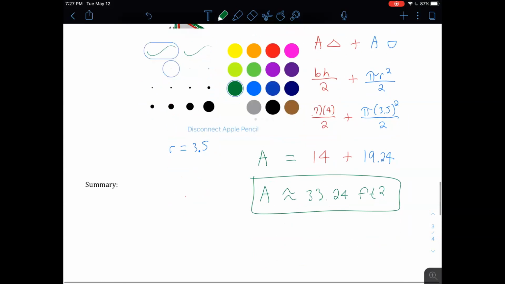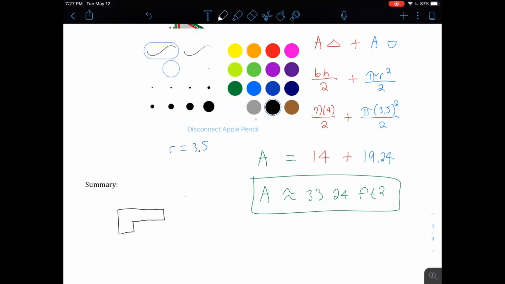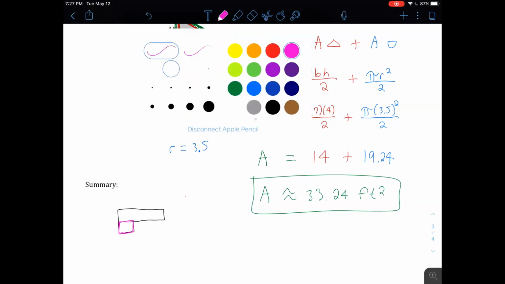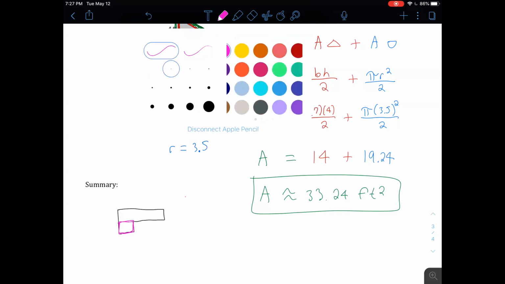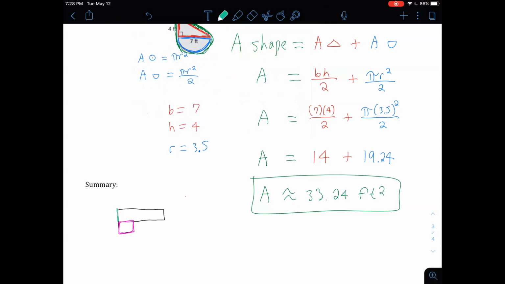Again, if you had a shape like this, right here you would have a square. You would find the area of the square, and you'd find the area of the rectangle.